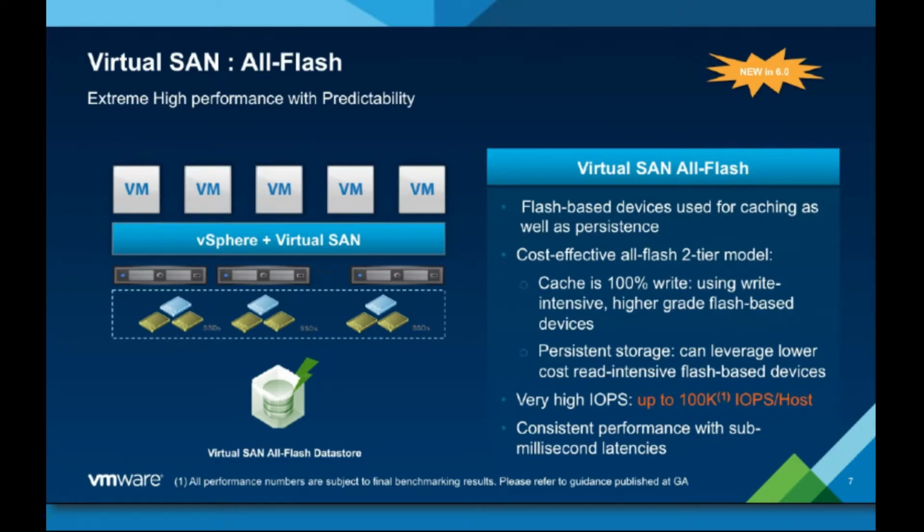So now, to take a look at the all-flash virtual SAN array. This is a really exciting idea because now, instead of the flash being there just for read cache and write buffer, now the cache becomes 100% write. So it's able to function expediently throughout the storage stack.